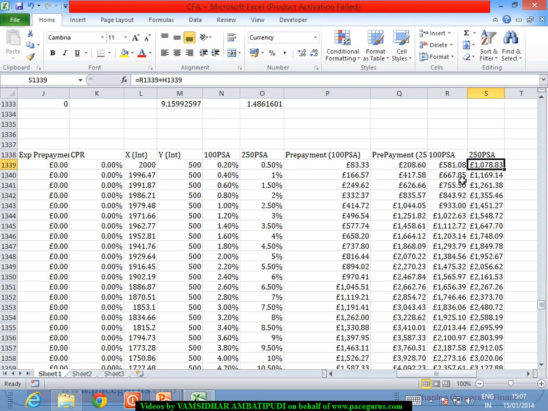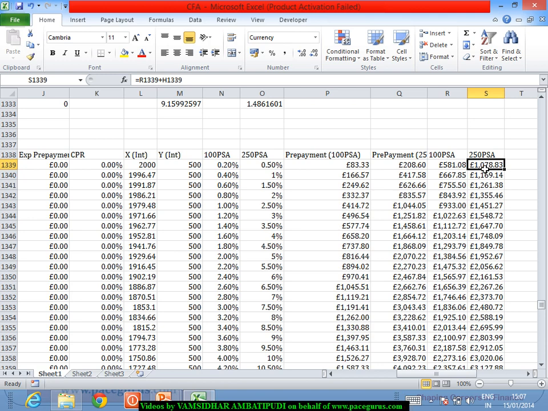It depends on how much prepayment has actually been received in that period. A minimum of 581 is required and a maximum of 1078 will be paid. So if 700 is what is received, then it can very well happen that the 700 is what is being paid to the PAC tranche.